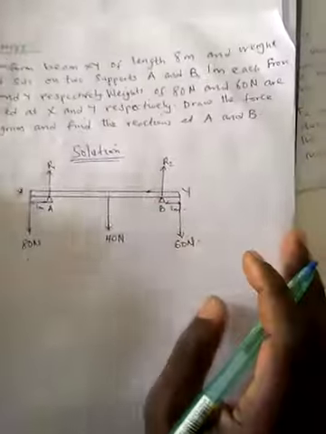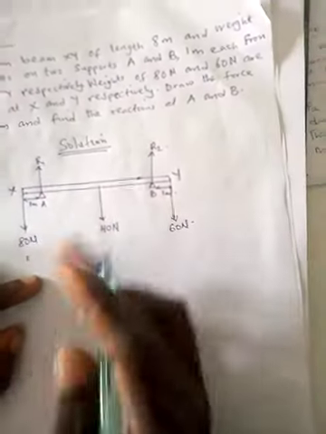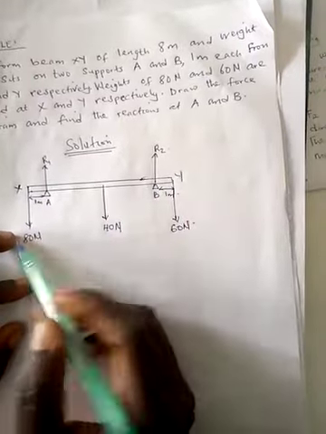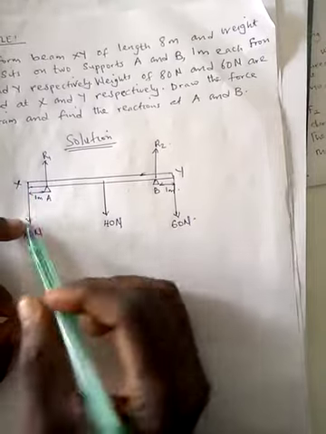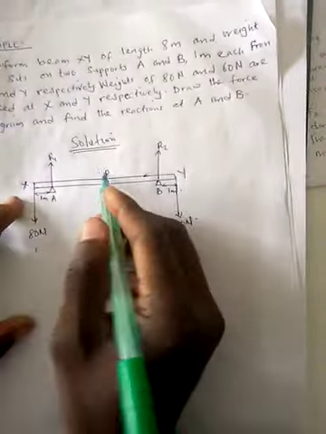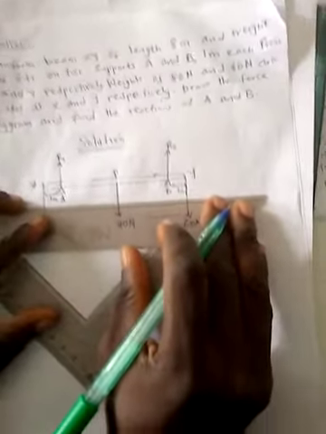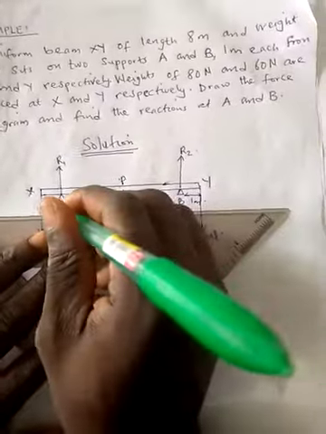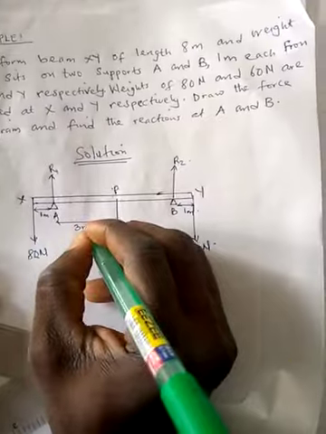Now, we are not done with the force diagram because we have to get the distances. Remember that the beam is 8 meters long. So halfway through, from here to here, is 4 meters. Let's call this place P. So I can say XP is 4 meters. Then AP will be 4 minus 1, that is 3 meters.